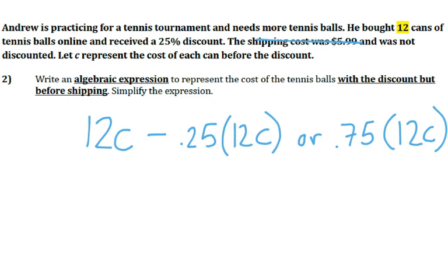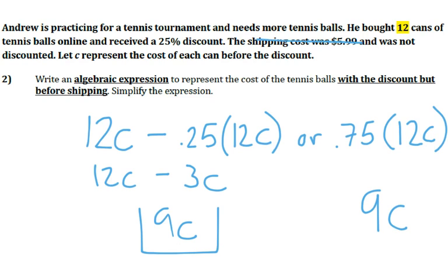Looking at the left, we take 12C and subtract 25 hundredths times 12C, which is 3C, which gives us 9C. If we look to the expression on the right, 75 hundredths times 12C, if we just multiply that, we would also get 9C. So our expression simplified is just 9 times C.